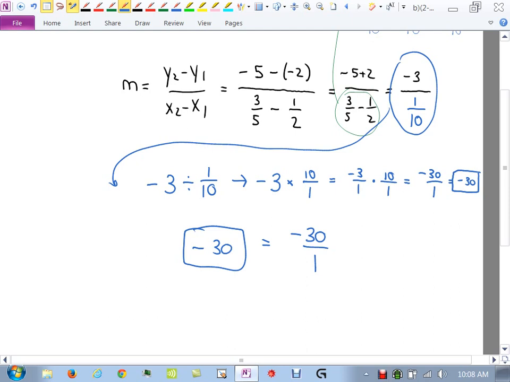You'd have to go down 30, and then what's my run? 1. I just go to the right 1. So this is a very steep line that's pointed down, decreasing. Right? So if I were to graph this, it would look very much like that. Make sense? So just keep in mind that if your slope is an integer, a nice number, it can always be written as that number over 1, and then you have your rise and your run right there.